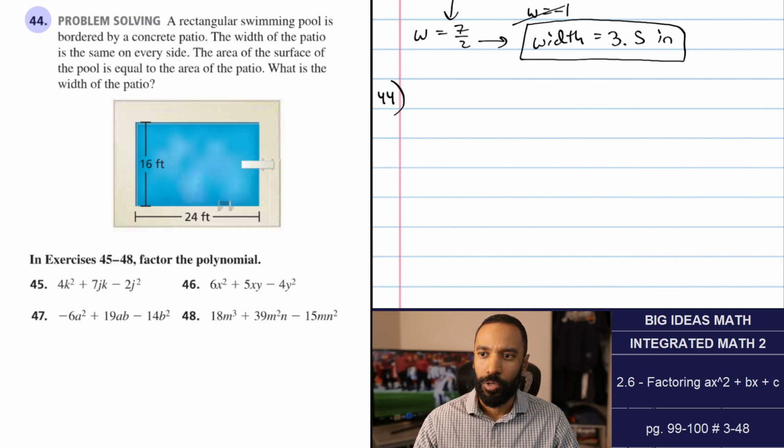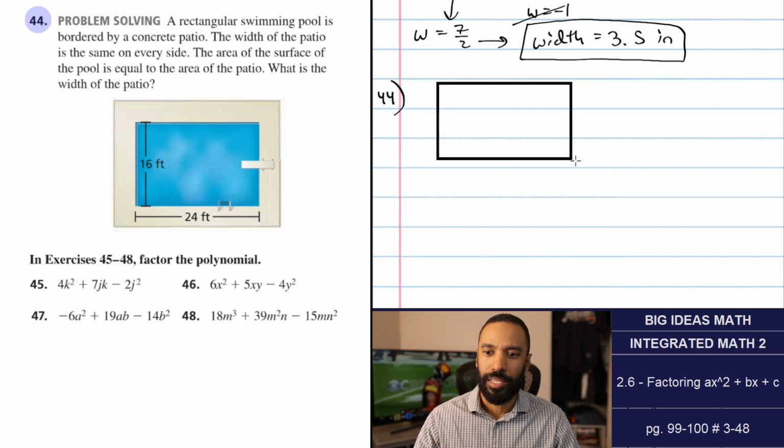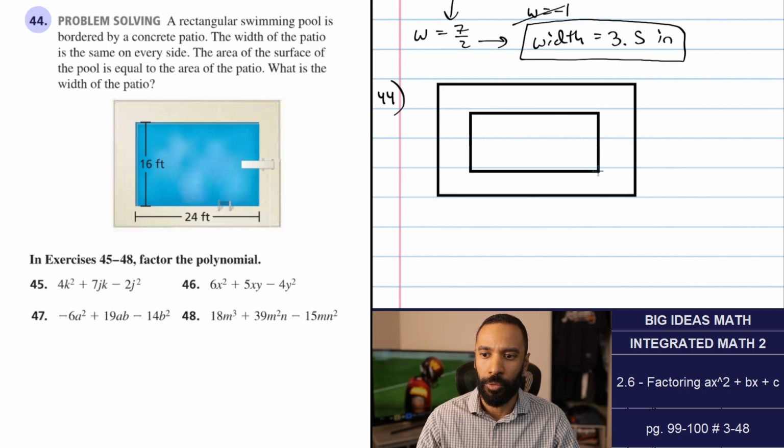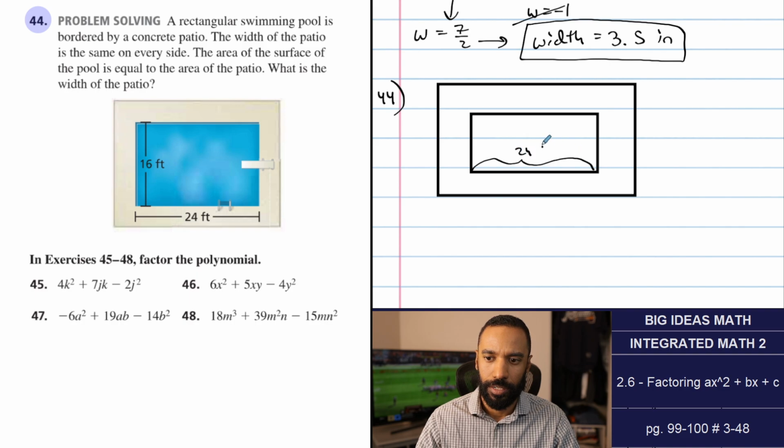So I'm going to redraw this. And here we have boom. Got to get that boom. All right, so it looks like they say this is 24, and this is 16.